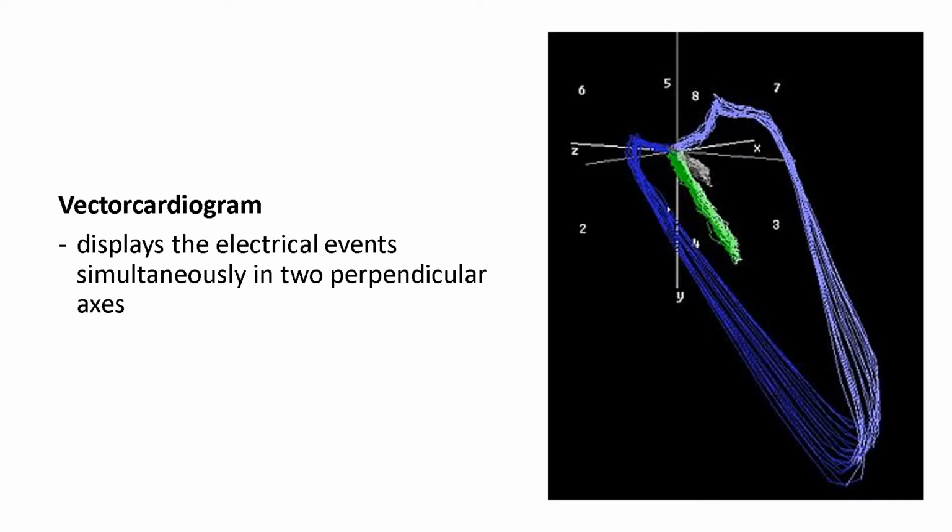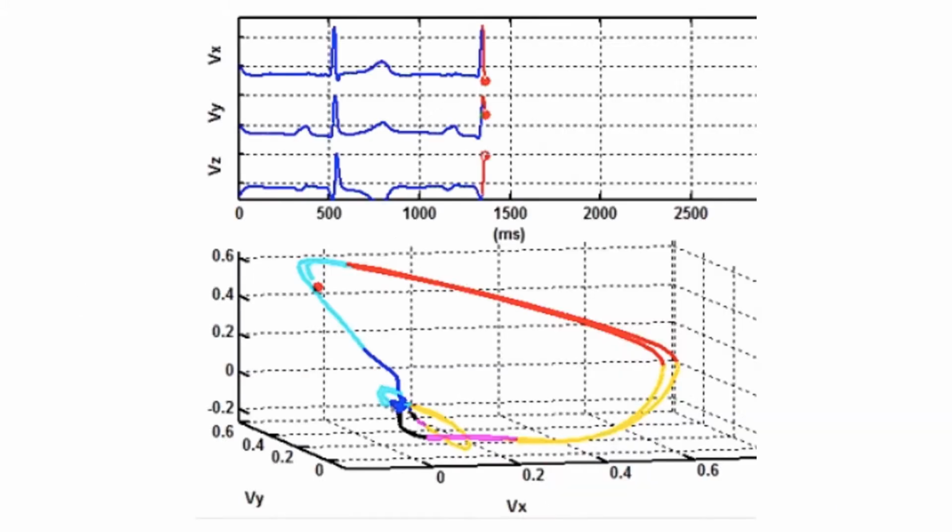In contrast with the electrocardiogram, which displays the electrical potential in any one single axis, the vector cardiogram displays the electrical events simultaneously in two perpendicular axes. This gives a vectorial representation of the distribution of electrical potentials generated by the heart and produces loop-type patterns.